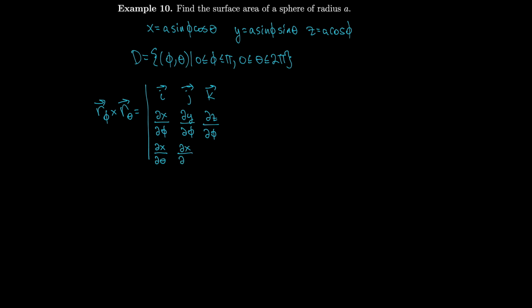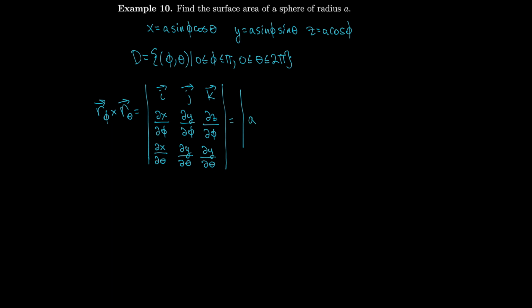So x theta, I just did x twice, I need y. And I want this to be equal to, let's see, I should probably write that after because this is going to be a little bit long. So how about I do my second row first?